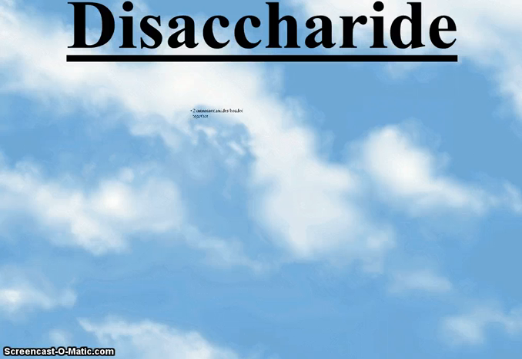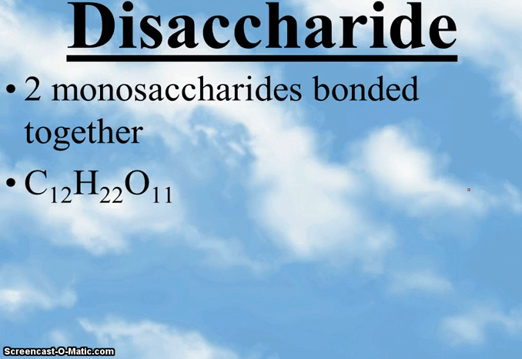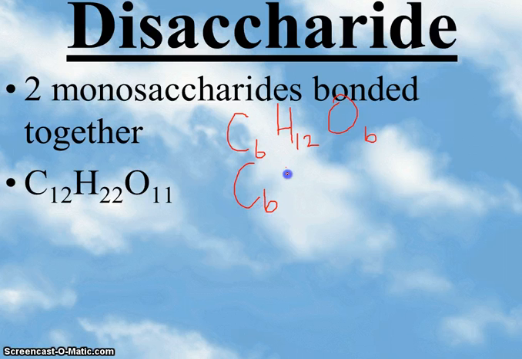Now we're going to talk about disaccharides. Disaccharides are 2 sugars, so 2 monosaccharides bonded together. So the molecular formula is C12H22O11. If we take 2 glucoses, just give me a second to write the formula. I'm trying to be quick, but I don't want it to be so you can't read it. So you have glucose plus glucose. Now, when you join them, you have to remove water.